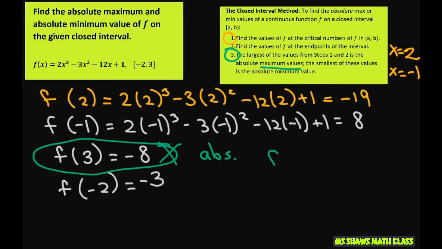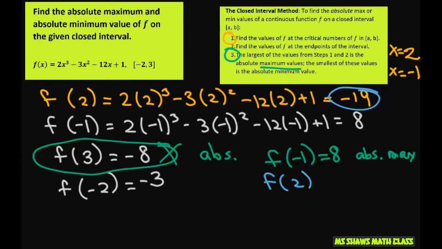Sorry about that, f of -1 equals 8 is your absolute max. And your minimum is -19 here. So f of 2 equals -19 is your absolute minimum.